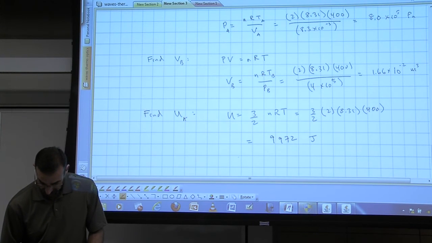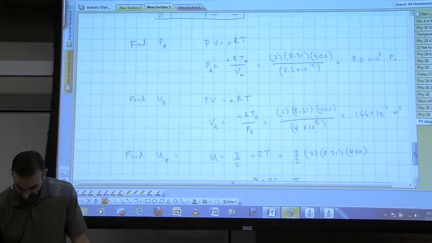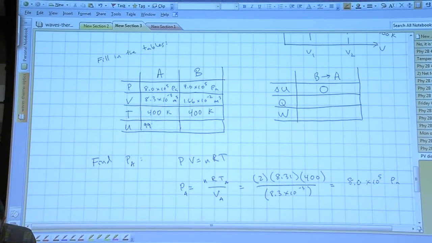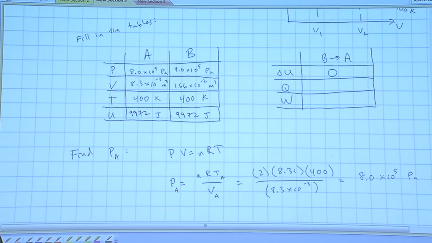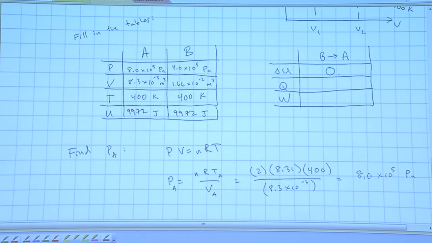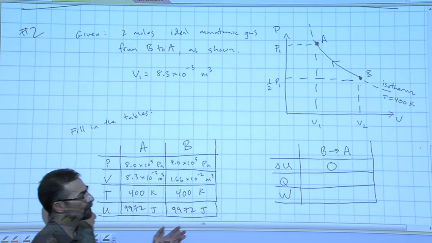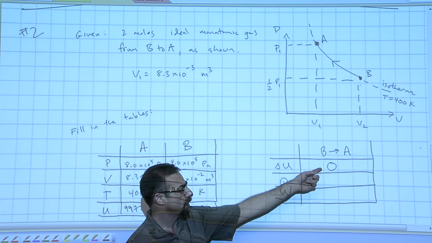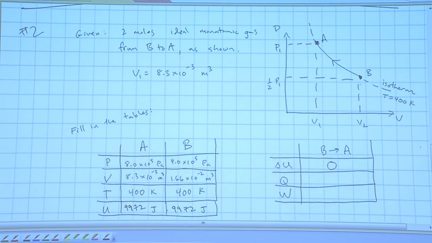And that's going to be the same for the other one. Okay, so let me put those in there. And when I take a delta, I get 0. So that's one thing to be aware of. Isothermal processes, when the temperature does not change, the internal energy of the gas does not change. It only depends on temperature for an ideal gas.